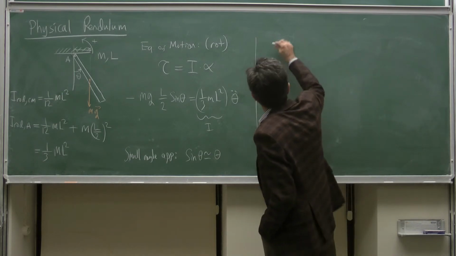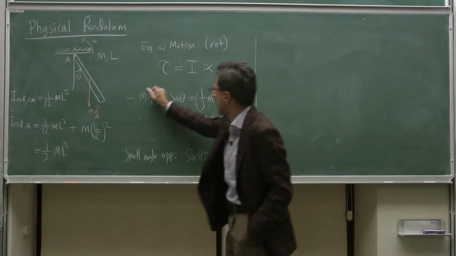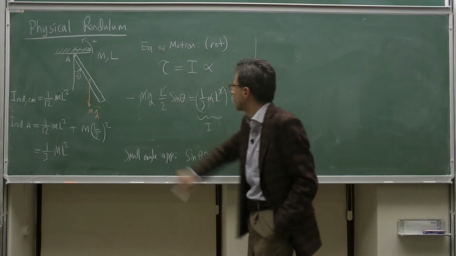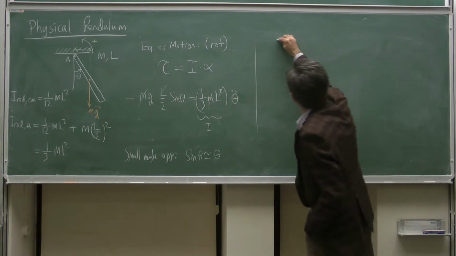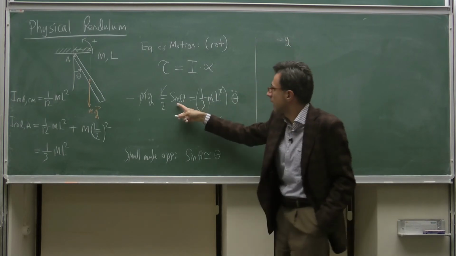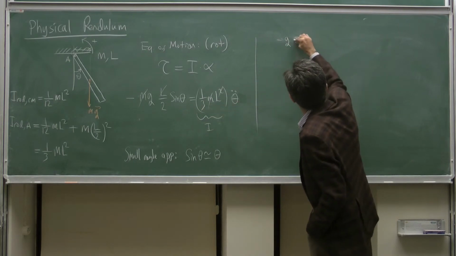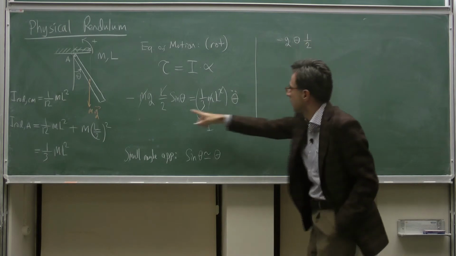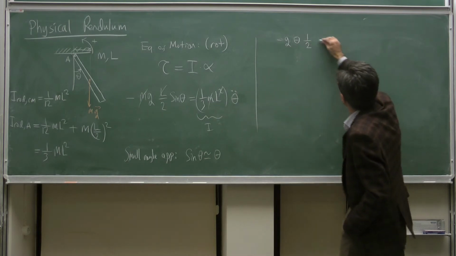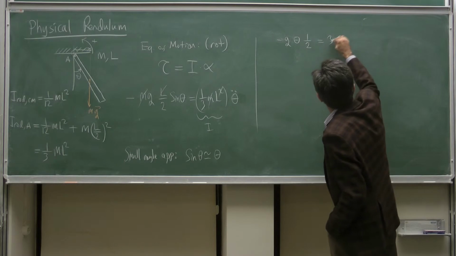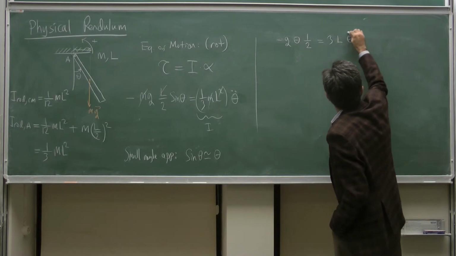So m cancels m, and one of the L goes away. Negative g, sine theta is theta, 1/2 coming from over there, is equal to 1/3 L theta double dot.